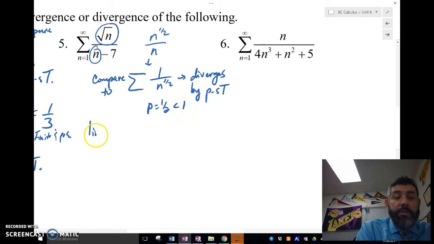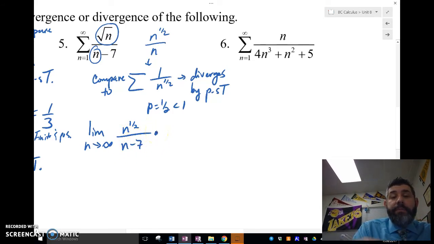So now I'm going to use my limit comparison test. The limit as n approaches infinity of a sub n, which is my original series, divided by b sub n, which is the one I'm comparing it to.